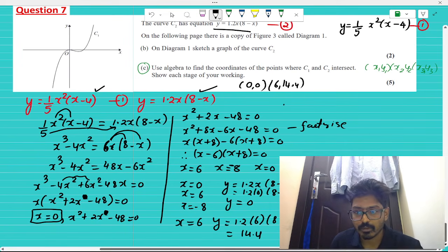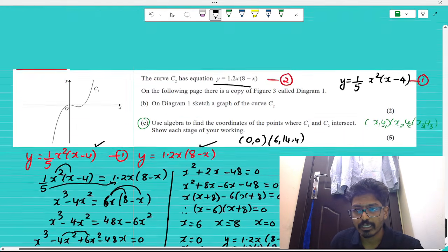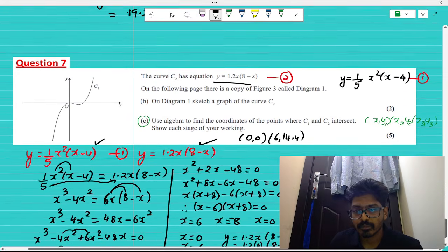And then also we can now substitute when x is negative 8, right?